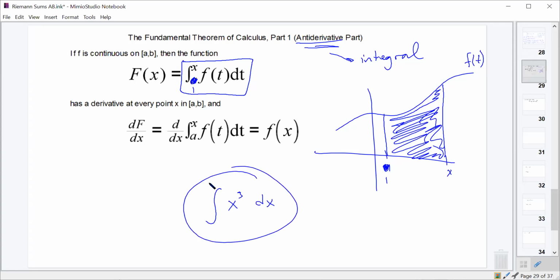The integral of x cubed dx? Yep. Well, when I find the value of this, it is a function. There's not a numerical value to it. And that function represents the area underneath this curve on any interval that I choose.